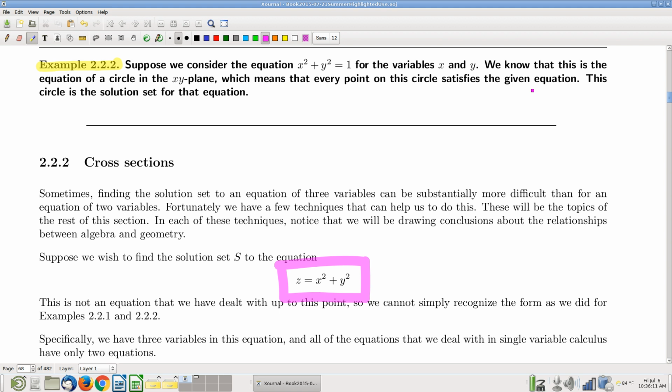Okay, so we're going to take this equation of 3 variables and try to figure out different ways to relate it to an equation of 2 variables, because I'm real good at algebra 2. I know if you give me an equation of 2 variables, I've got a good shot. So here's the idea.